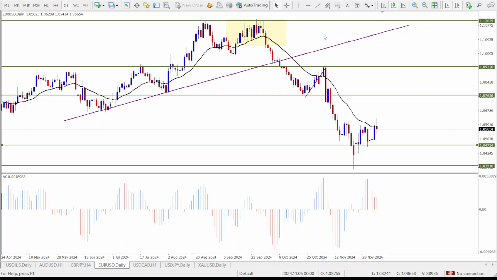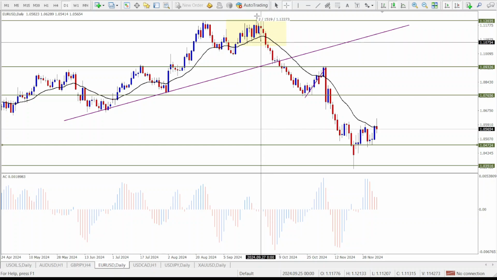Okay, so for example, just a very quick example, if we were to enter a sell trade around here right at the time that we got the sell signal and the confirmation from the moving average, setting our stop loss above here would have been a good step to take, right?